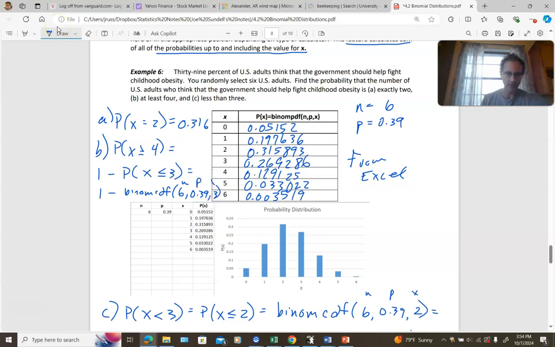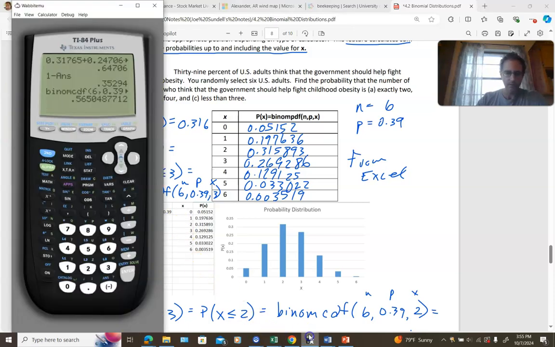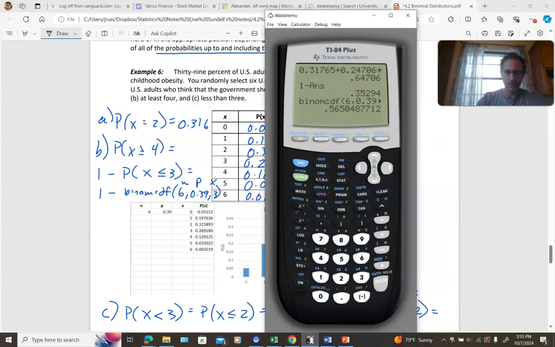So I can use my calculator. Since I've already got the binomial CDF function in there, I can just use that entry and replace that value of x with 3. Then I can hit enter. This is the probability that x is less than or equal to 3.